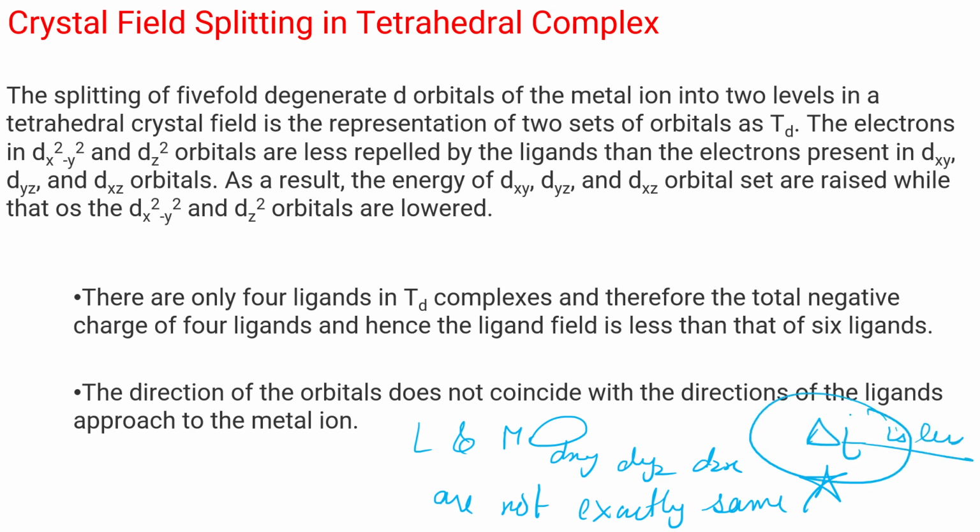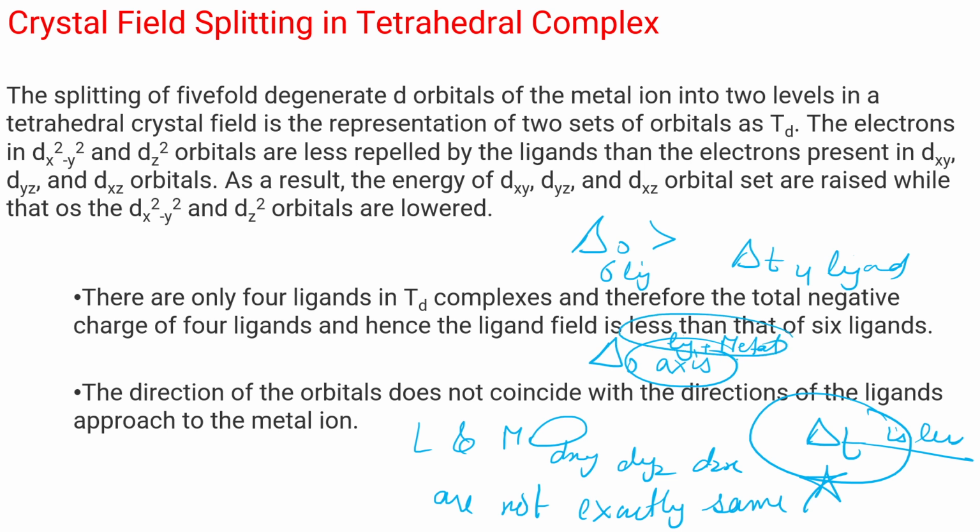There are two reasons for delta T being less. First, delta O is for six ligands and delta T is for four ligands. The other reason is that in delta O, the ligands and the metal orbitals are present exactly on the axis, so they repel each other. While in the case of tetrahedral, they are not exactly on the axis, not in a similar direction.